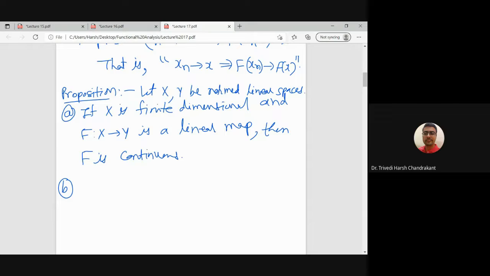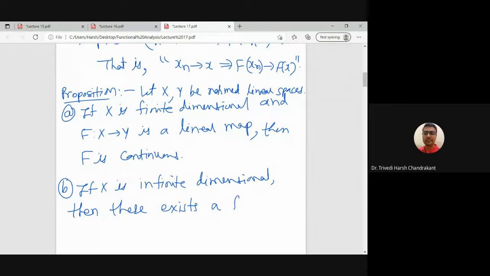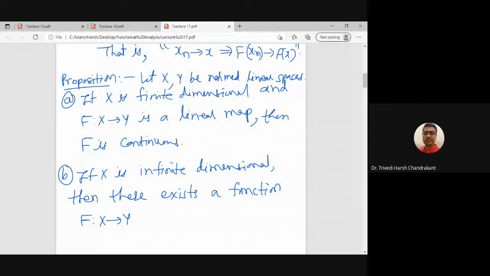So if X is infinite dimensional, then there exists a function f from X to Y. We can always construct such a function which is linear, but it is not continuous.